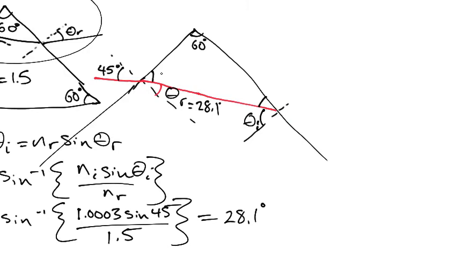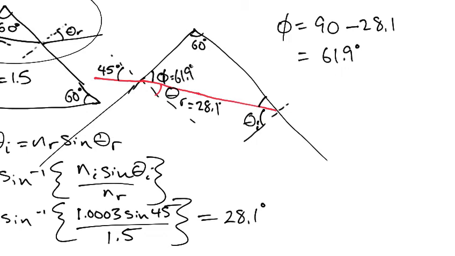This angle here, let's call it phi. And so we'd say that's going to equal 90 minus 28.1. And so that's going to give us a value of 61.9 degrees. So now we know that this is 61.9. Now, using the fact that the three angles of a triangle all add up to 180, we should be able to get this angle now.